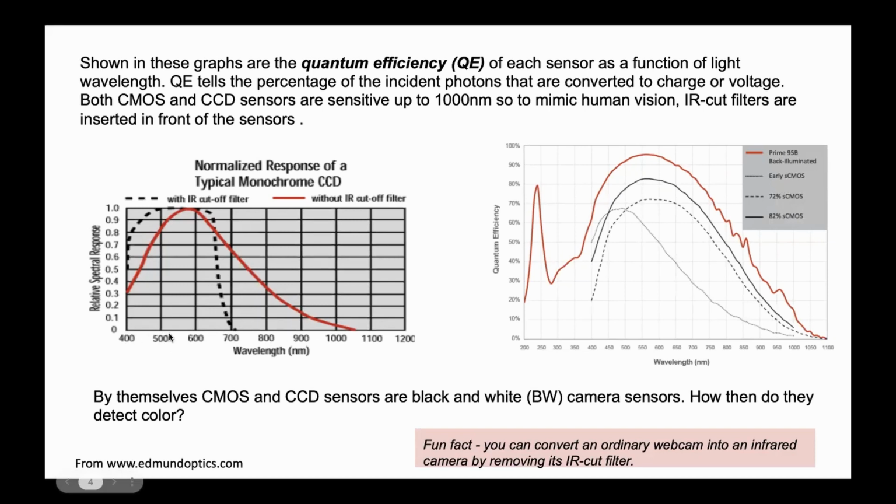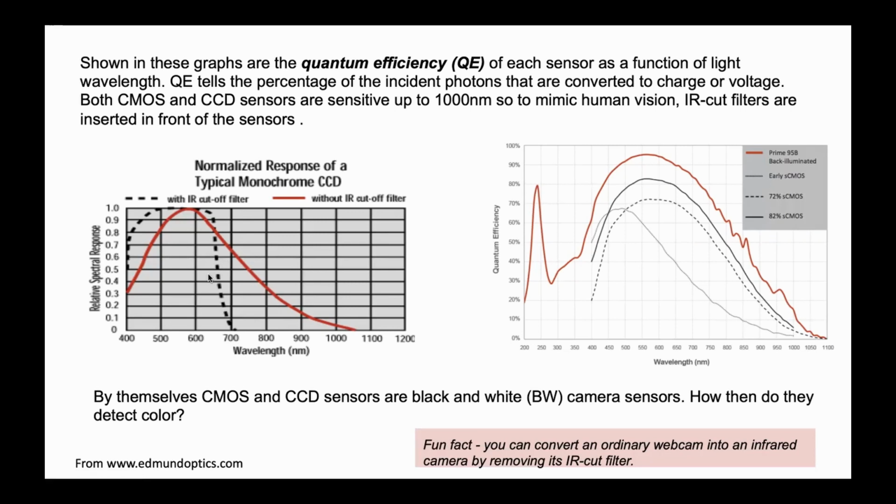Imagine niyo tong wavelength of light na to as Roy G. Biv. Red would be here and violet would be a little here. So Roy G. Biv would go this way. These are in nanometers of wavelength, EM wavelength. So this is the visible spectrum.